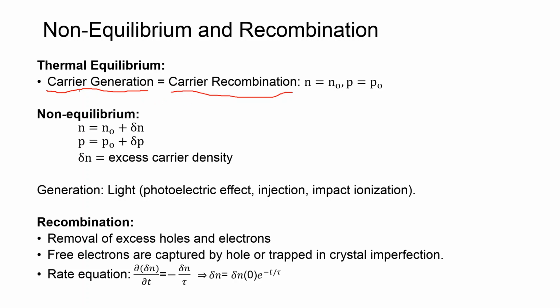If the rate at which carriers are generated equals the rate at which carriers are recombined, then the densities of free charge carriers remain constant. So we say that the system is in thermal equilibrium.